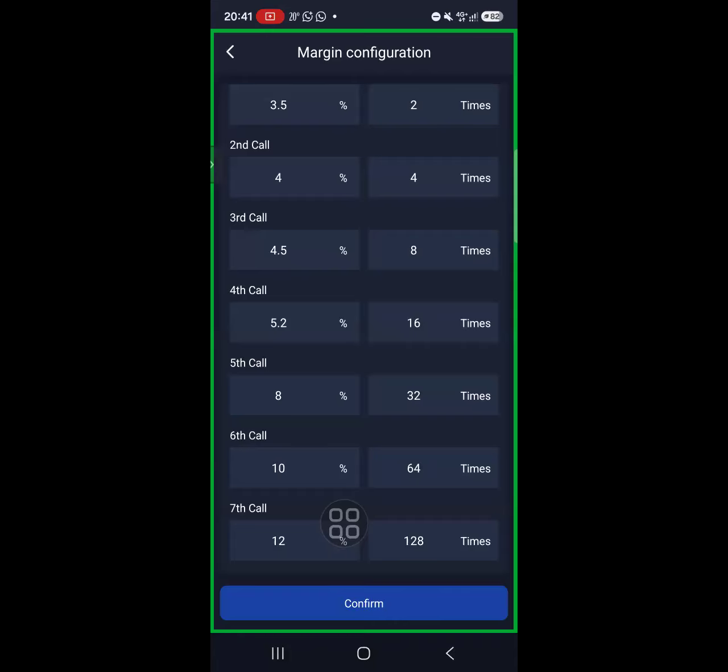If we add 3.5, and then 4, and then 4.5, and then 5.2, and then we go to 8, we add 8, and then we add 10. The last one is 12.